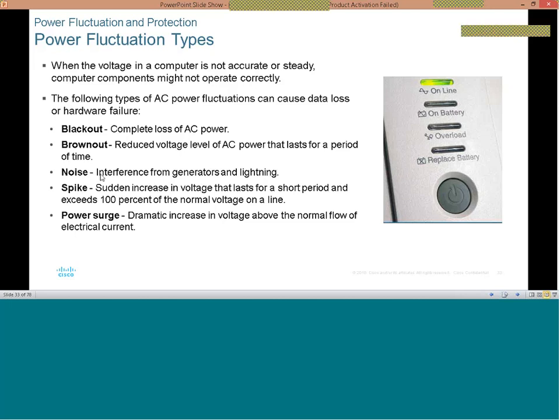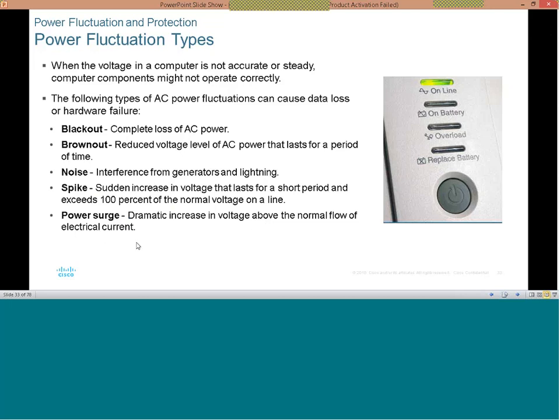Noise brings some level of impurity into the whole transmission, and so it might not make the power stable, but rather cause it to fluctuate. A spike is a sudden increase in voltage that lasts for a short period and exceeds 100% of the normal voltage. And a power surge is a dramatic increase in voltage above the normal flow of electric current.